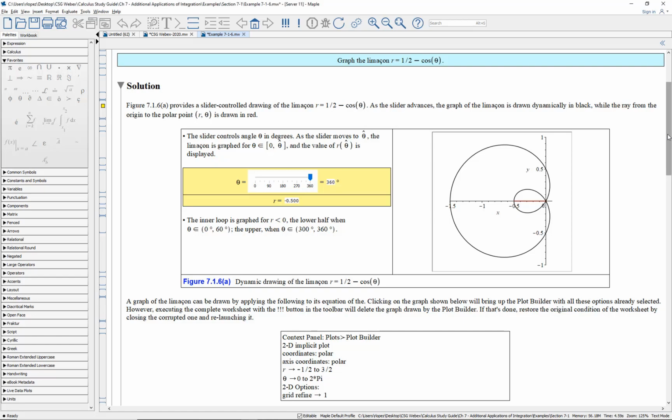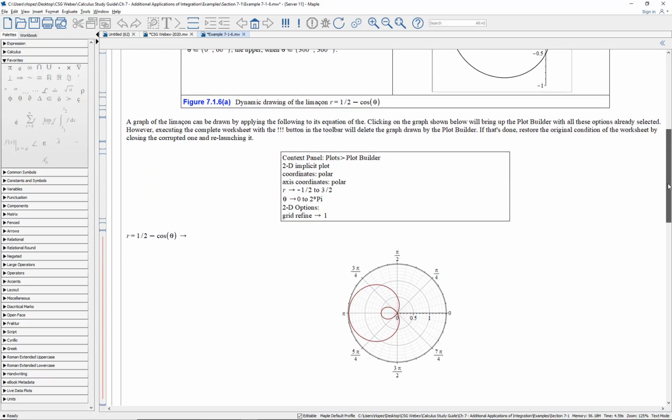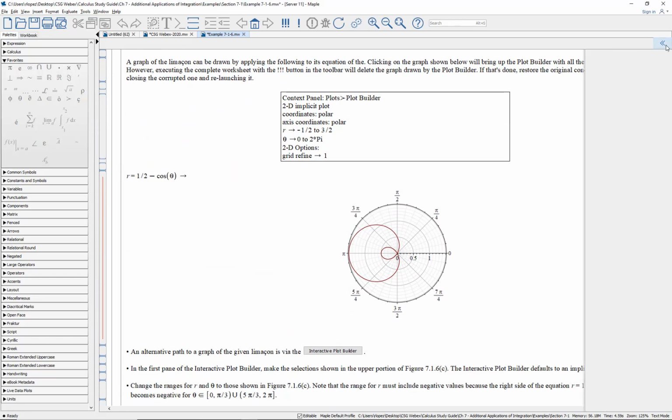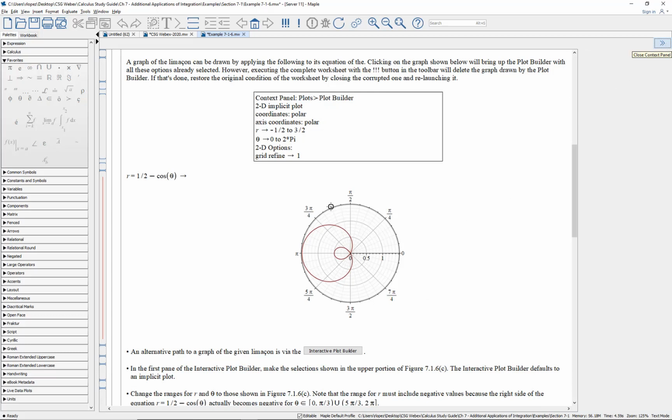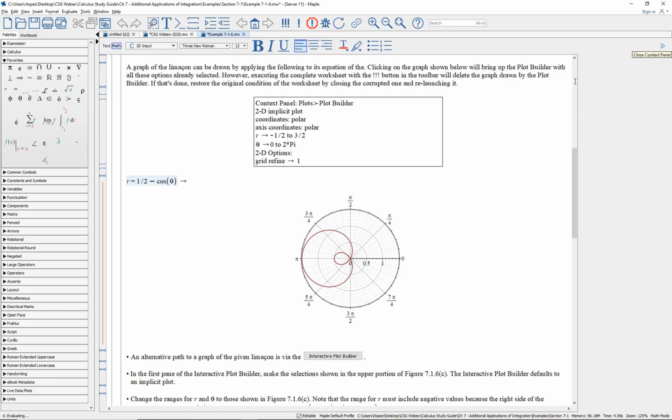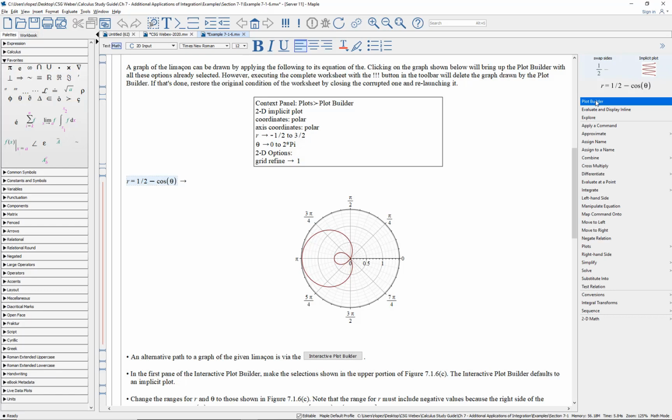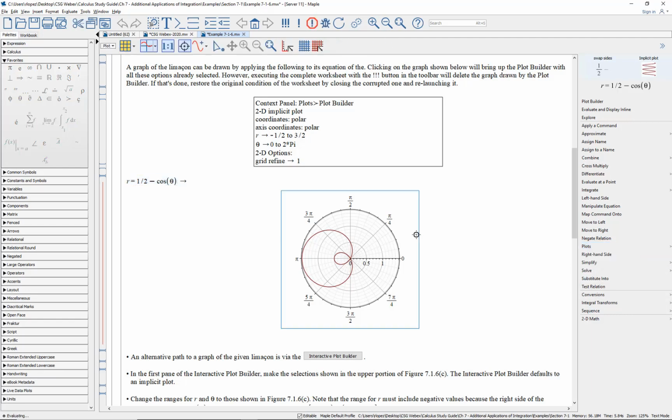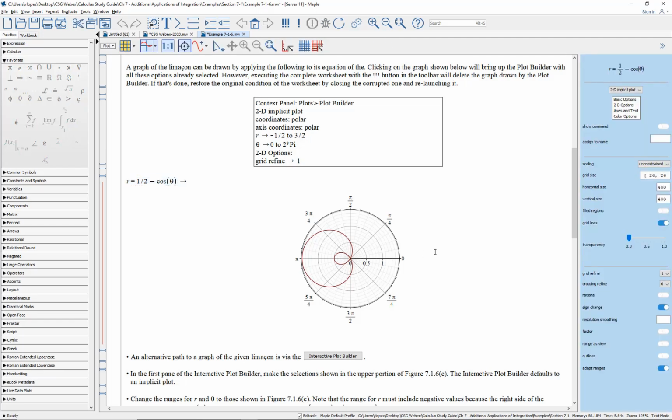Well, here is a graph of the limaçon drawn with the plot builder. You can either pick it up from here or down in here. Big plots, plot builder, okay? And it's drawn on polar axes.